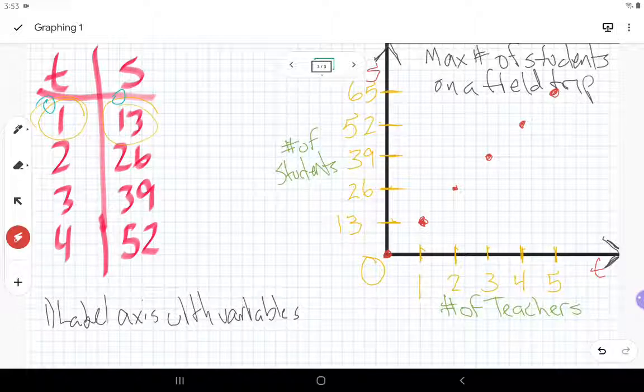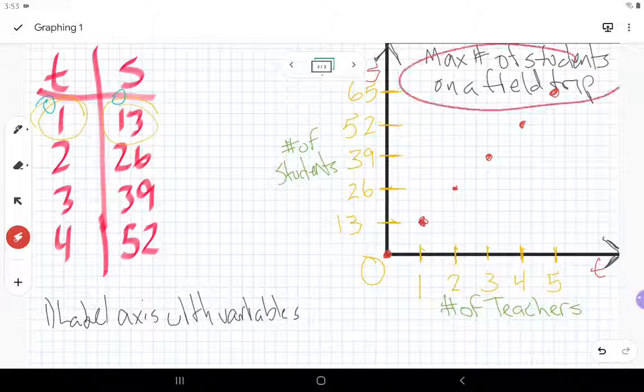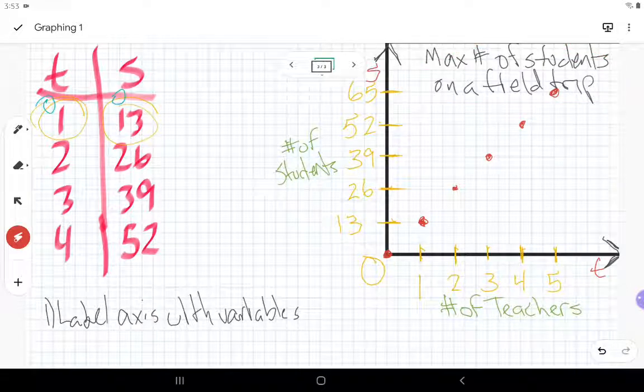So I have a nice consistent scale on my t-axis. I have a different scale, but it's consistent on my s-axis. I used a ruler to draw nice straight lines. My variables are labeled on my axes. I have titles on both my axes, and I have a title for my graph overall.